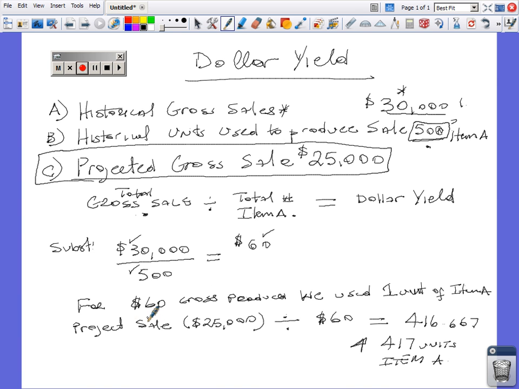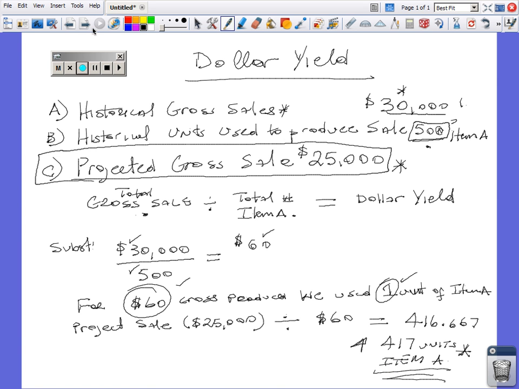And that told us for every $60 in gross sale, we should use 1 unit of item A. Now, if we wanted to know how many item A we would need to make $25,000, we take our new projection of 25,000 and divide that by 60. That gave us 416.667, or rounded up 417 units of item A to produce the $25,000 in sale.